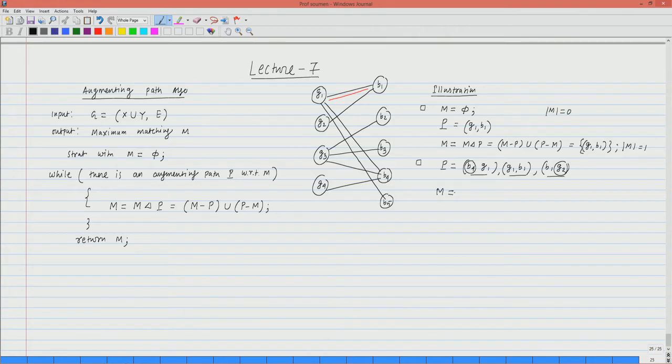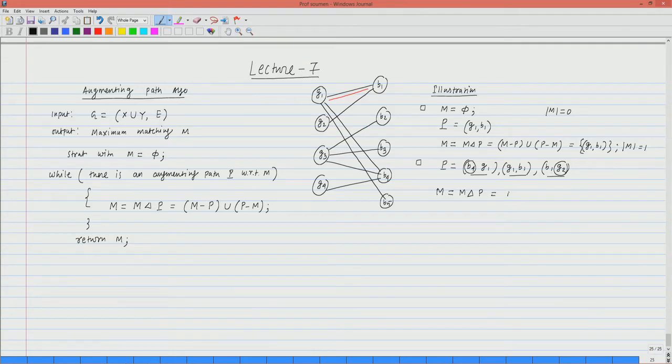So, M is again M symmetric difference P, where M is this one and P is this one. So, M minus P is null.